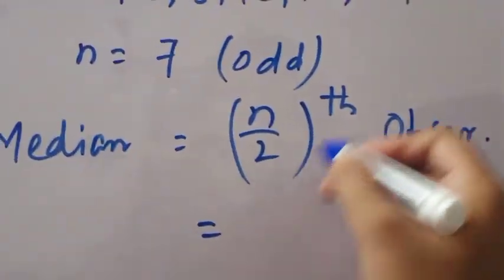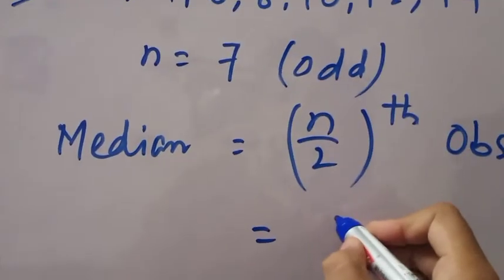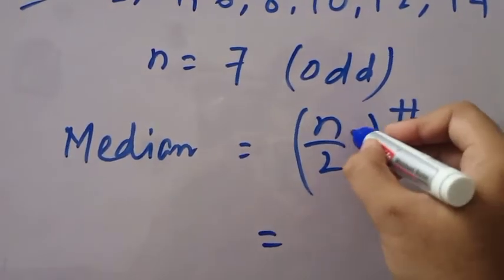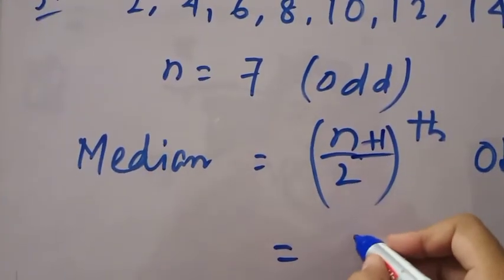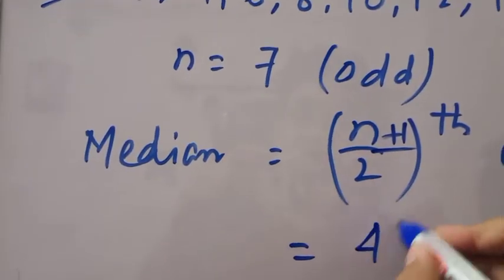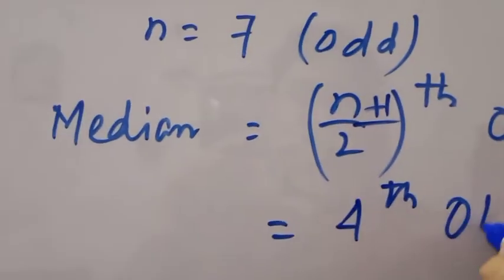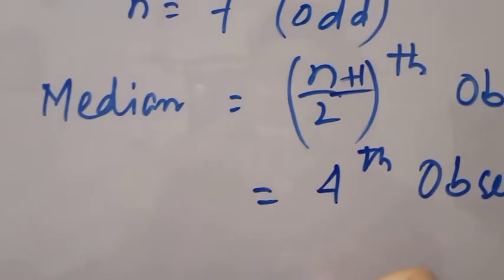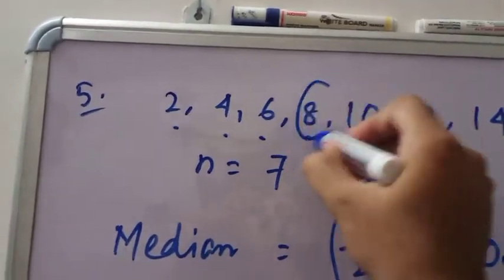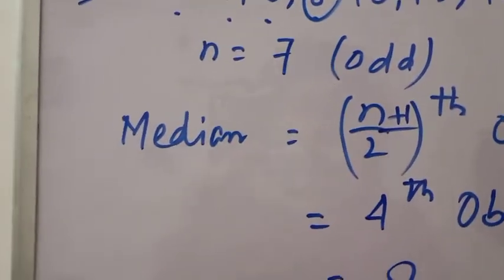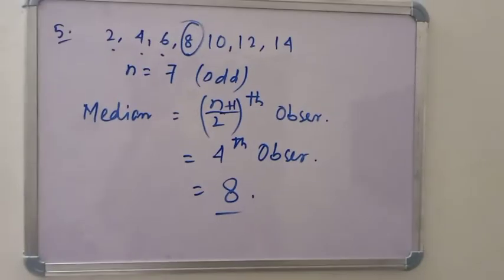So n by 2th observation, where n is 7. Sorry, n plus 1, that is 8 by 2, that is the 4th observation. The 4th observation is 1, 2, 3, 4: 8. So 8 is the answer.